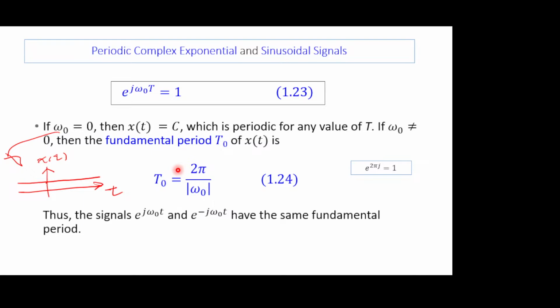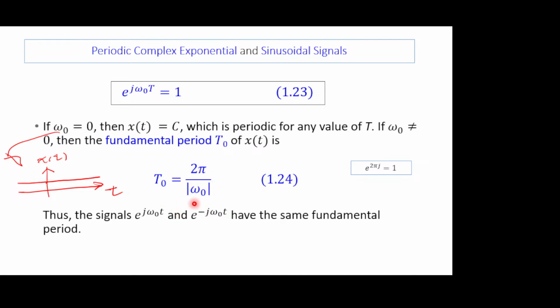But I glossed over a little detail. That is, we want the T to be greater than or equal to 0. Okay? We want the T to be a positive number. And omega naught can actually be a negative number. And when that happens, then you actually use negative 2 pi instead of 2 pi here. And your T naught should be 2 pi divided by the absolute value of omega naught.